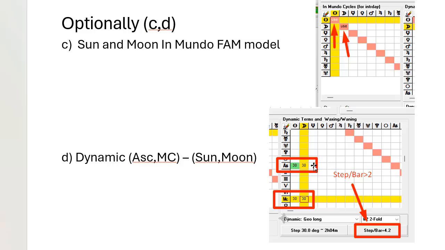In Timing Solution, I will show you how to do that. And here you need to pay attention to a special parameter, the step to bar ratio. The dynamic step to bar ratio should be more than 2. I will show you how to do that.